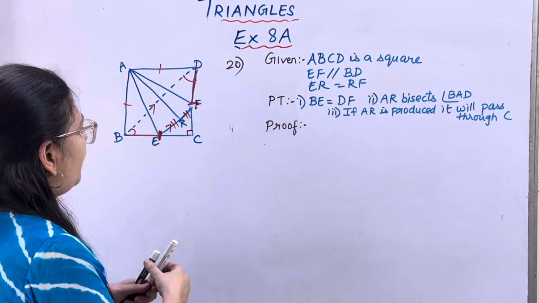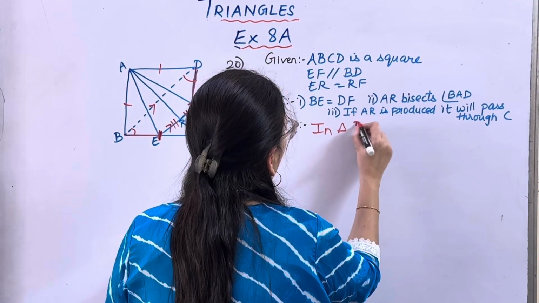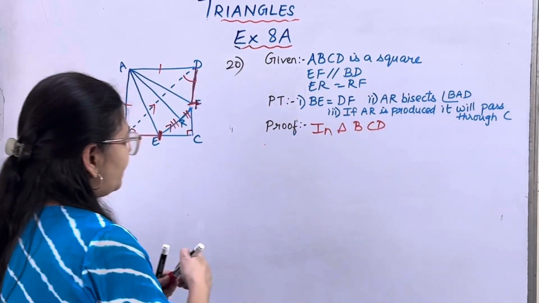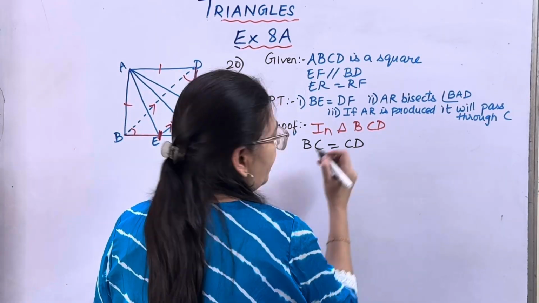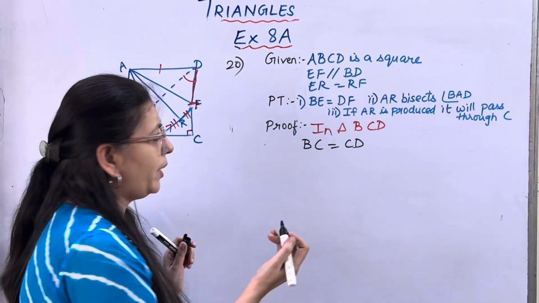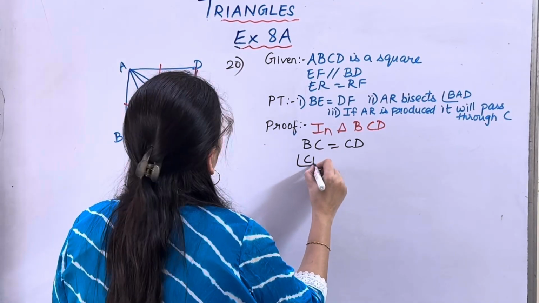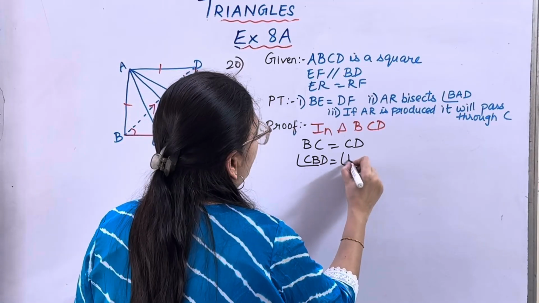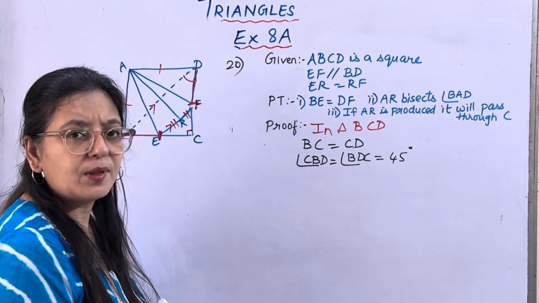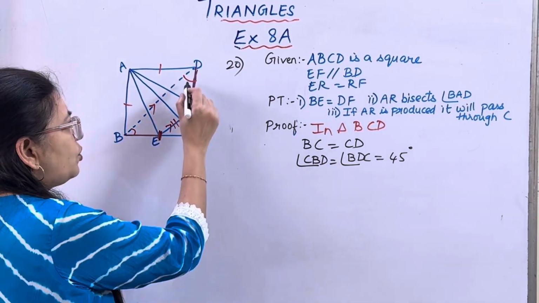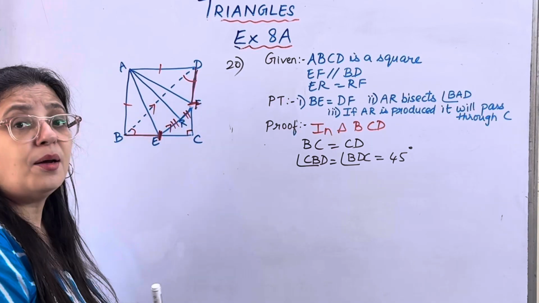So in triangle BCD, BC is equal to CD, equal sides of a square, then angle CBD is equal to BDC, which will be equal to 45 degree. Correct? Now, these two angles are 45 degree and these two sides are parallel.